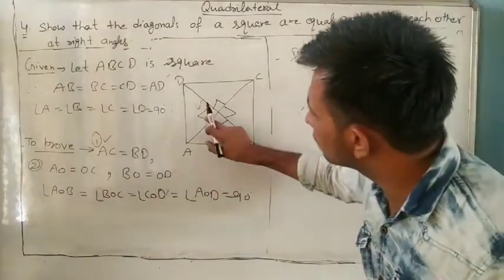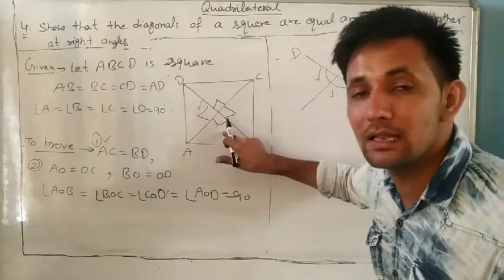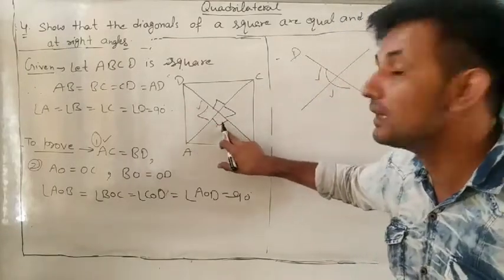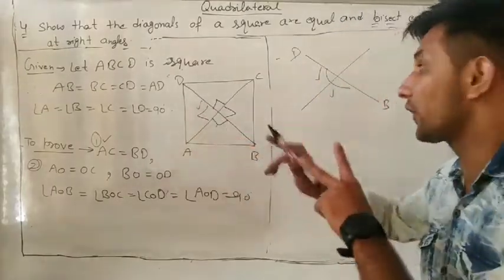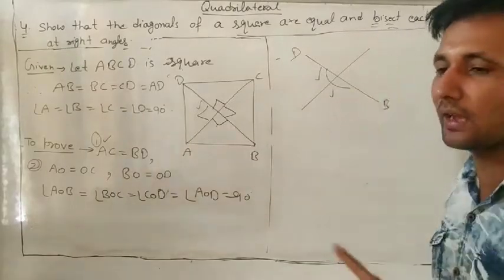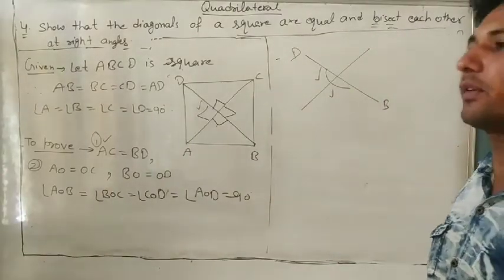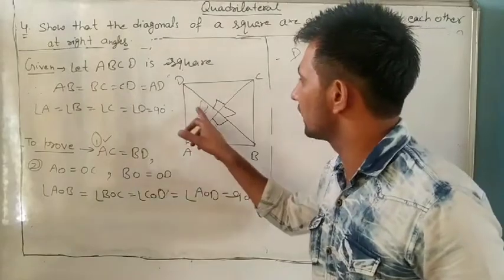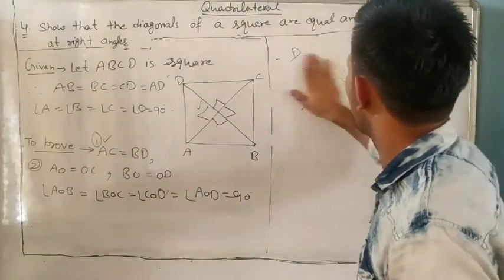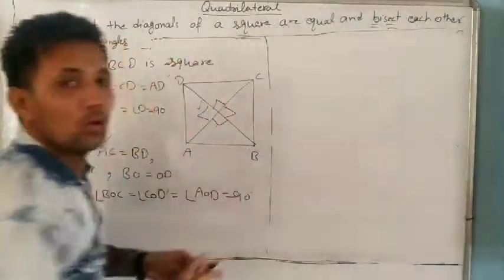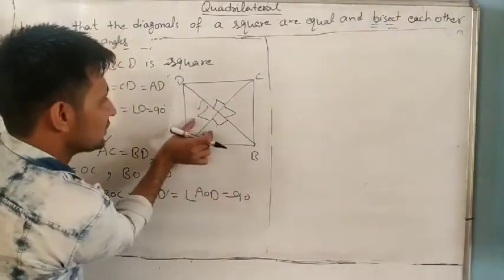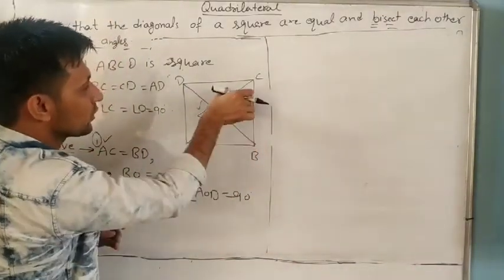We observe these two angles are in different triangles, and if you want to prove that angles in different triangles are equal, we have to show that these two triangles are congruent. So you can take any two triangles, either these two or these two.